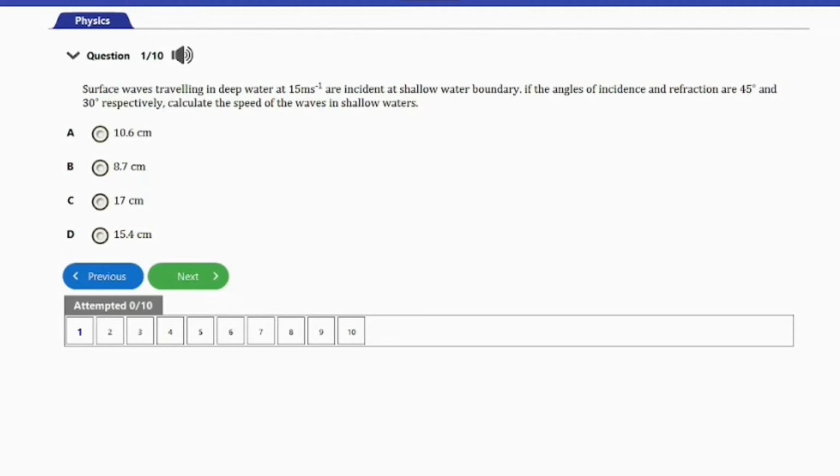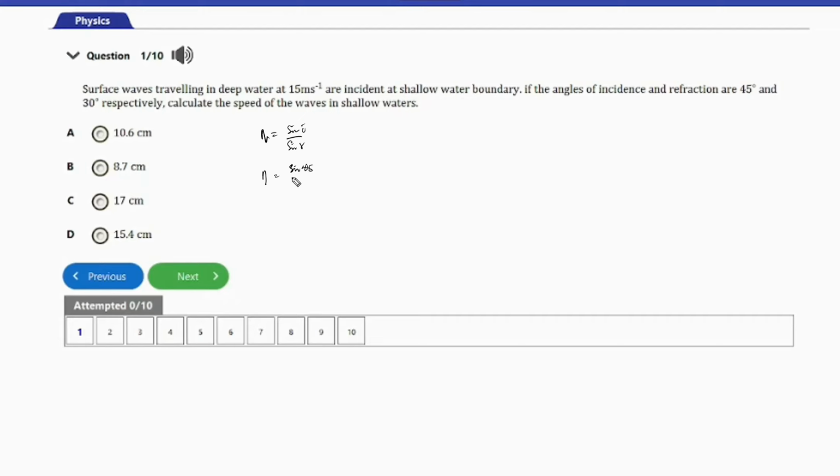So guys, in order to calculate this, let's recall that the refractive index is equal to sine of the angle of incidence over sine of the angle of refraction. The angle of incidence here is 45° and the angle of refraction is 30°.